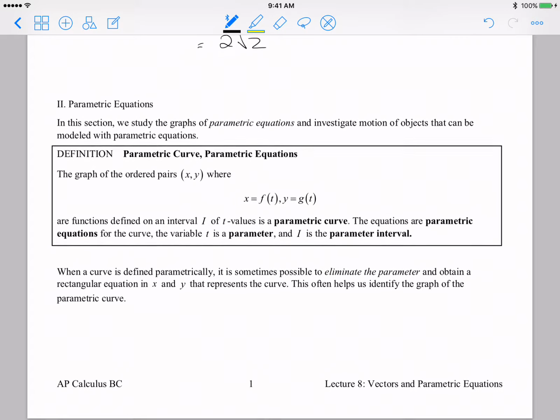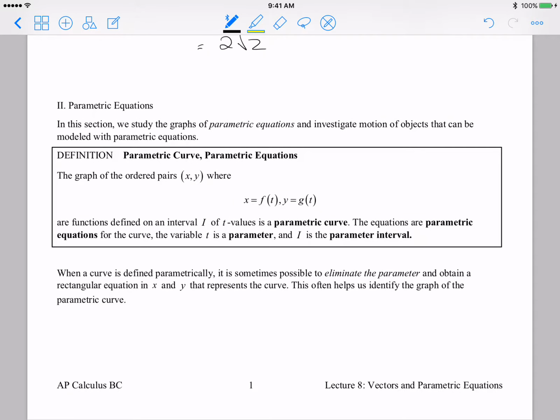Roman numeral 2, and what we're going to talk about for the rest of this lecture are parametric equations. In parametric equations, we introduce this third variable called t, which is called the parameter. You can think of this parameter as being, for instance, time.